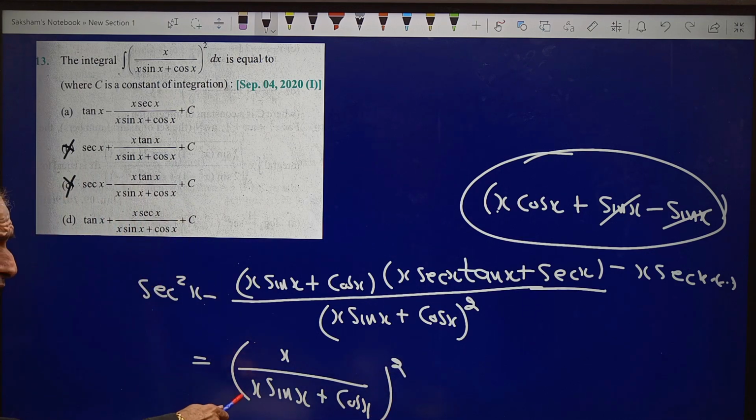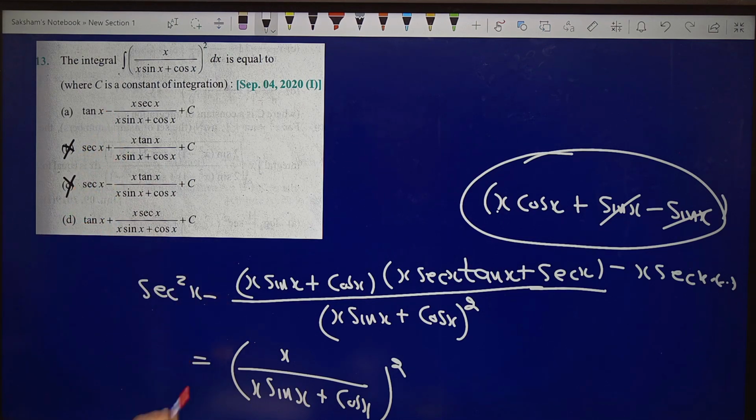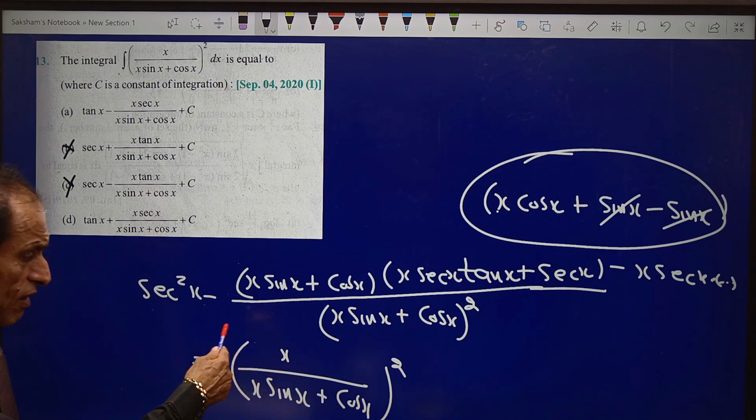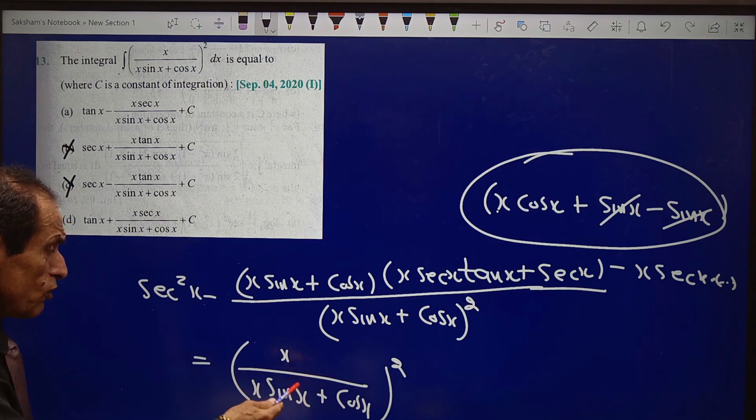If they are equal, without simplifying, I can easily check whether they are equal or not. If they are equal, then they must be equal for every value of x, because I know that one of these is correct. Had I taken this, I would have got plus here. Let us put x equal to 0 on both sides. The right hand side is 0 for x equal to 0.